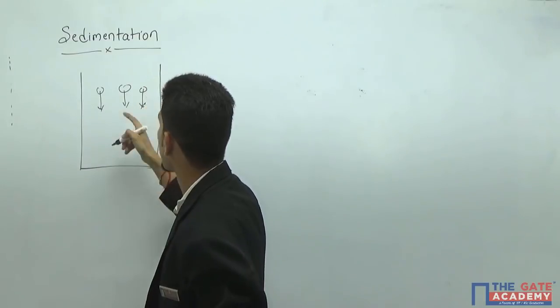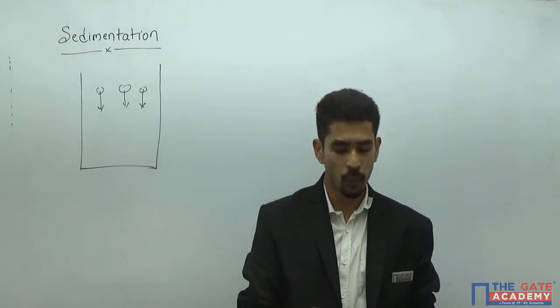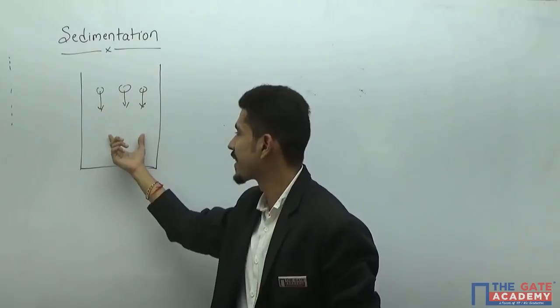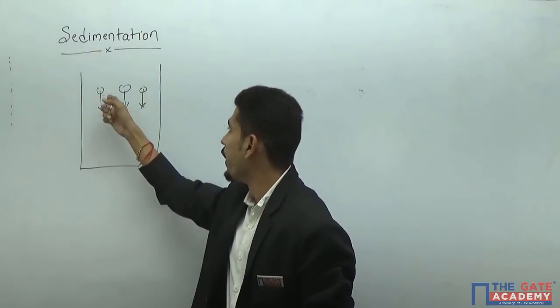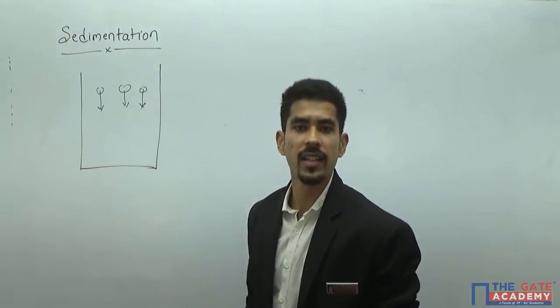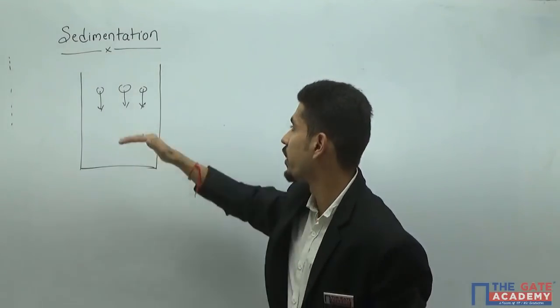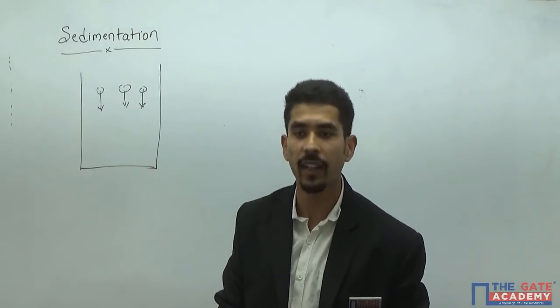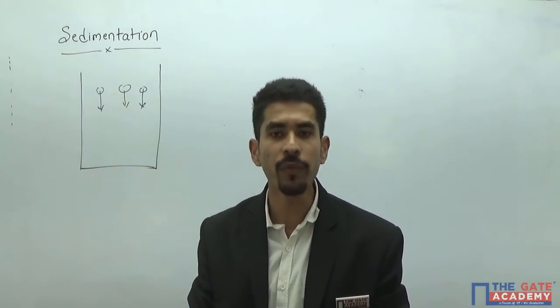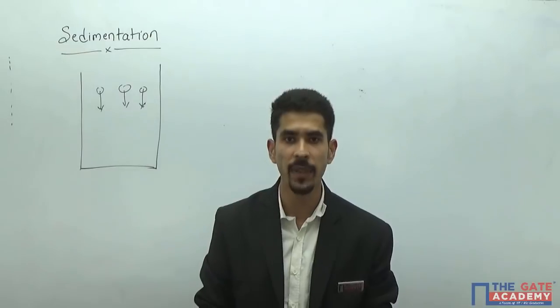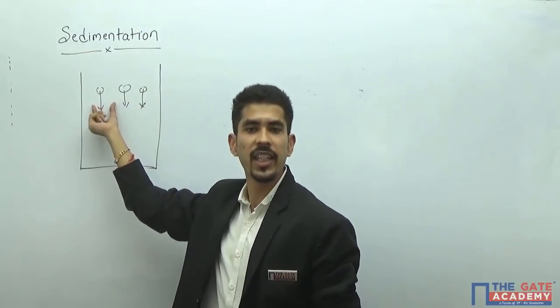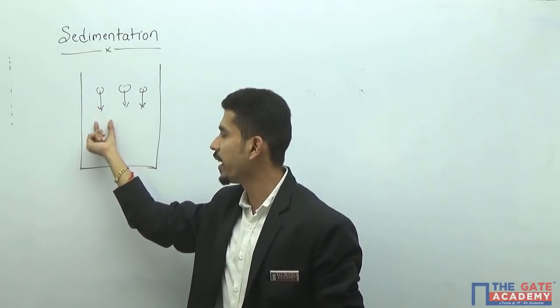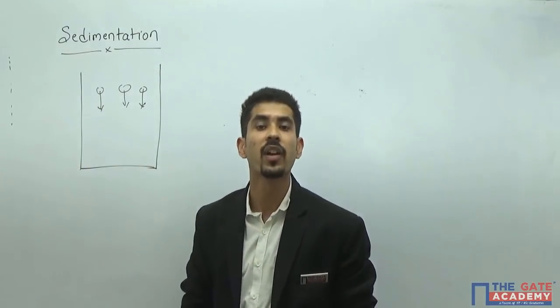Now, these particles settle due to their own self-weight. There is no other force acting on these particles. So when you remove the turbulence of water, these particles start settling because of their self-weight.